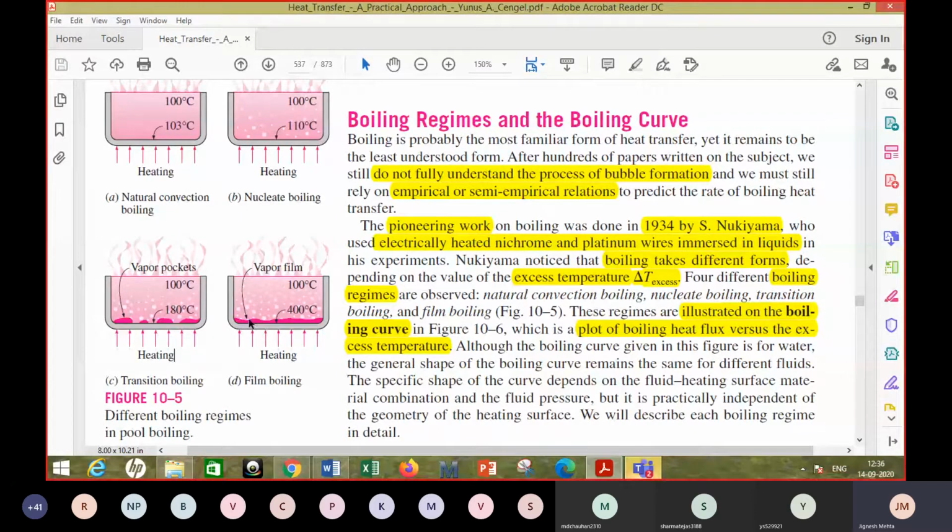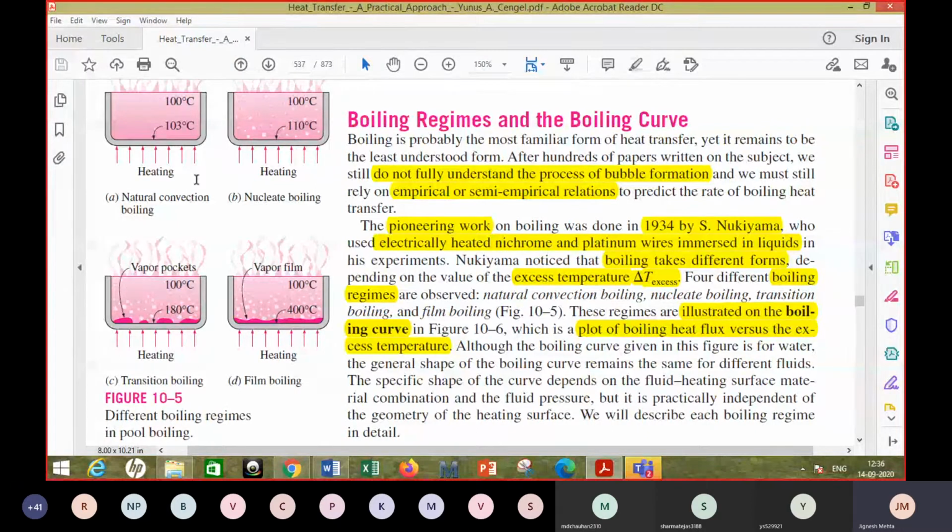But the bubble generation and joining of those bubbles is so fast that there is a steady film that is able to remain in contact with the surface, a vapor film. So that's called film boiling. So these are the different regimes, and they are due to the different excess temperatures.